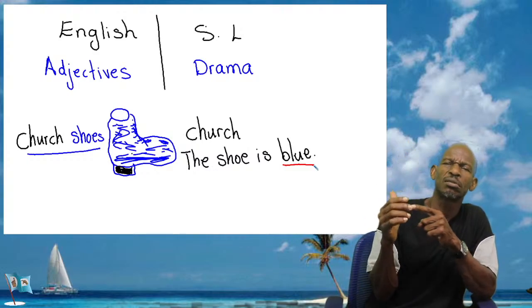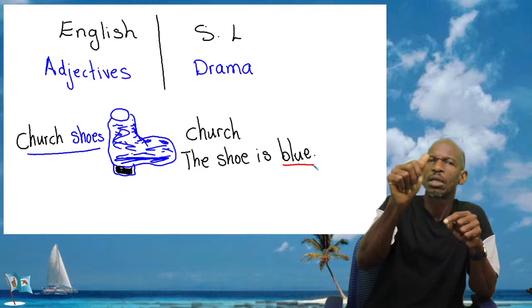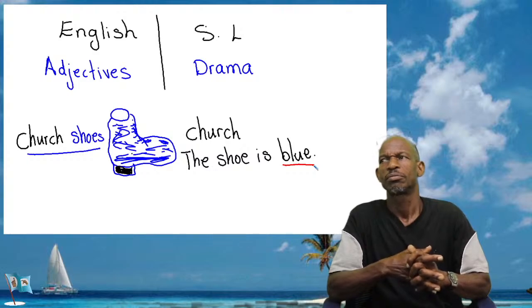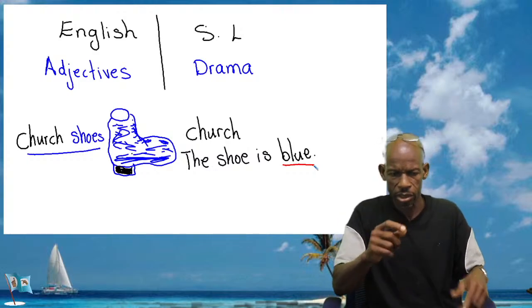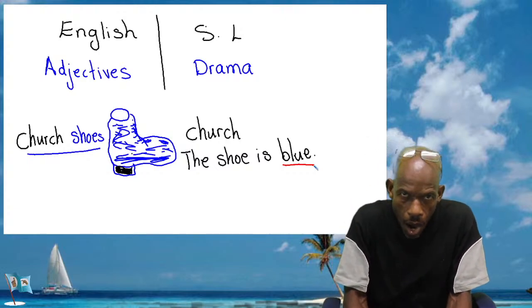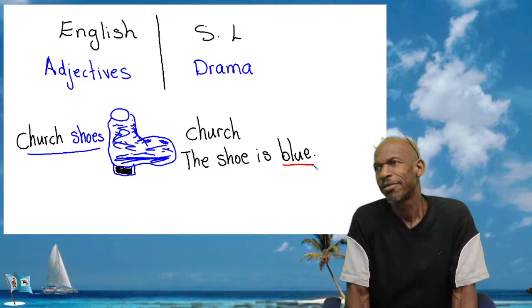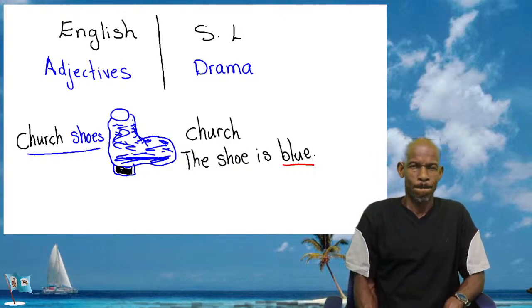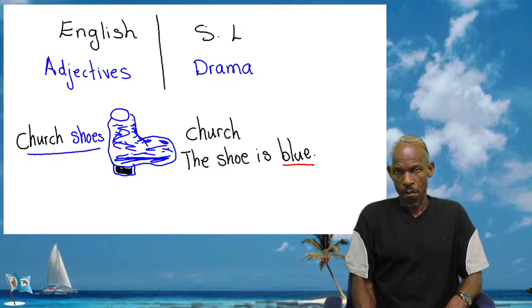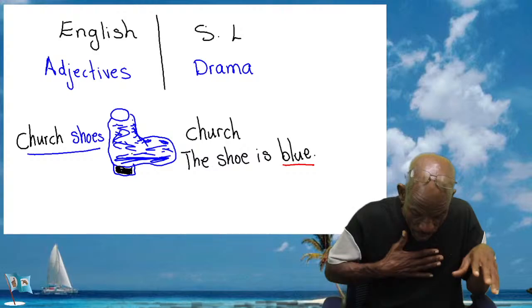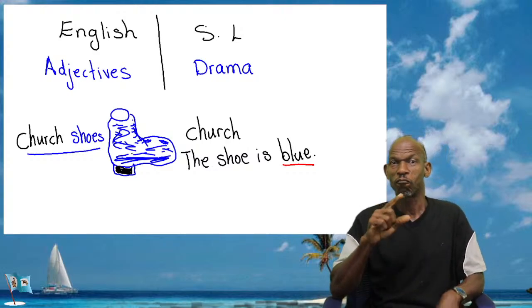But we take the shoe to go to church. We cannot say that the shoe is church. Although we can use the word church to describe the shoe, in English, this is how we're going to say it: we have to put church and then shoes, church shoes.